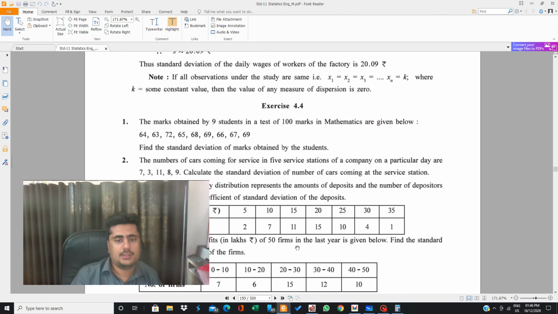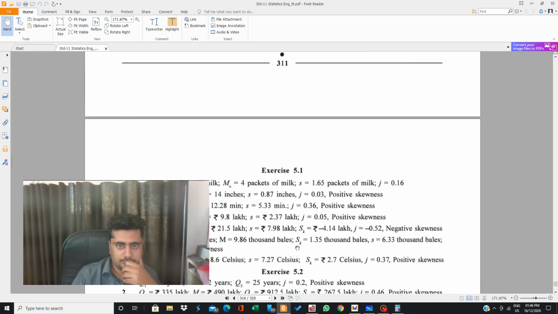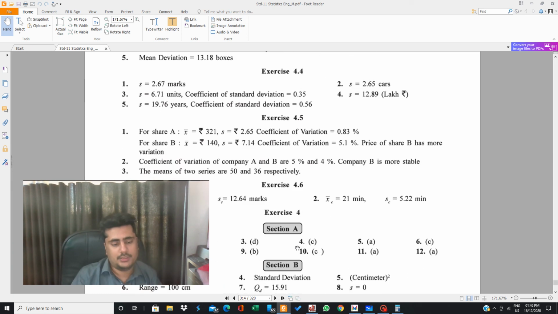So now my answer is 0.35. Let us check the answer in exercise 4.4, third question. The standard deviation is 6.71 and the coefficient of standard deviation is 0.35. You can see the answer is proper.